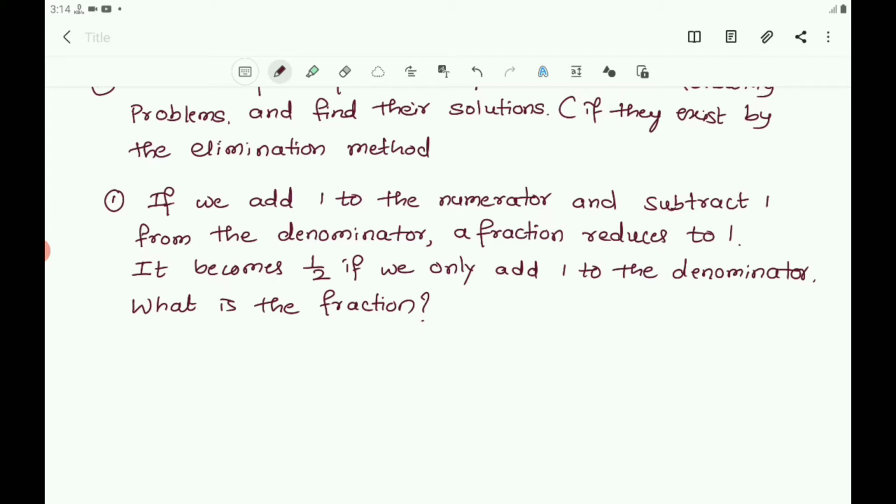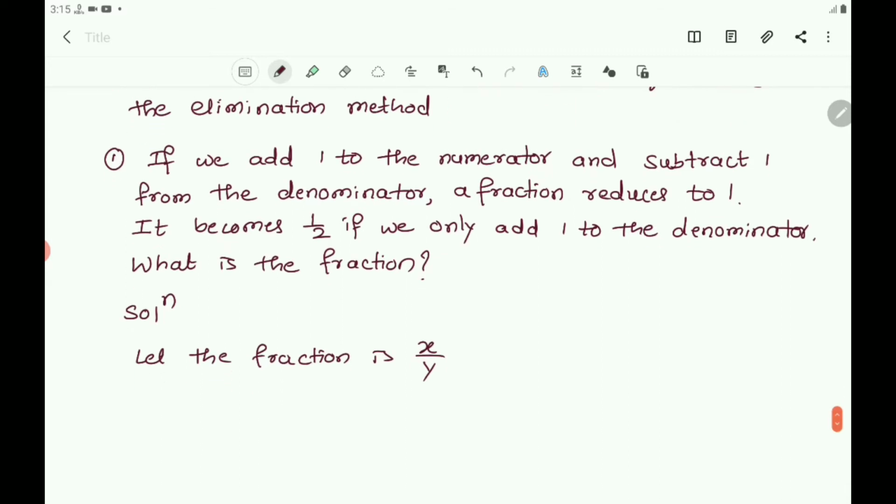So according to the first situation, we have to add 1 to the numerator and subtract 1 from the denominator. Now let us consider the fraction is x by y.